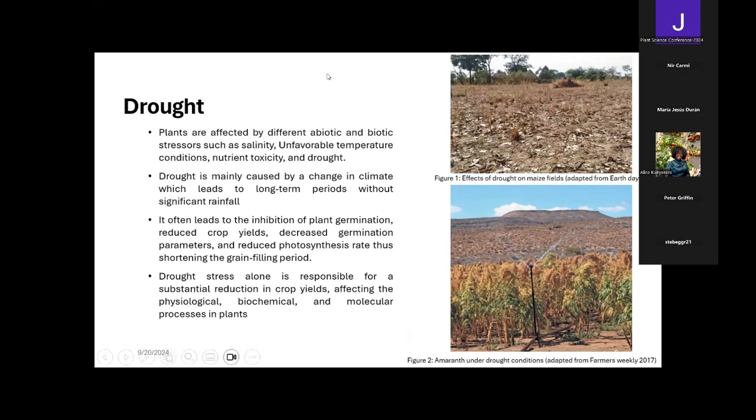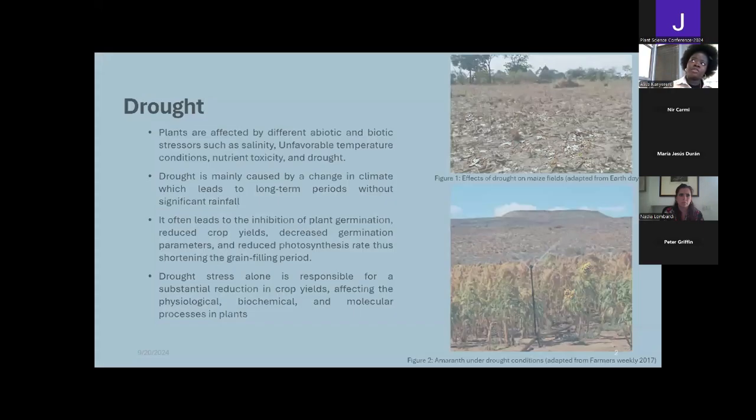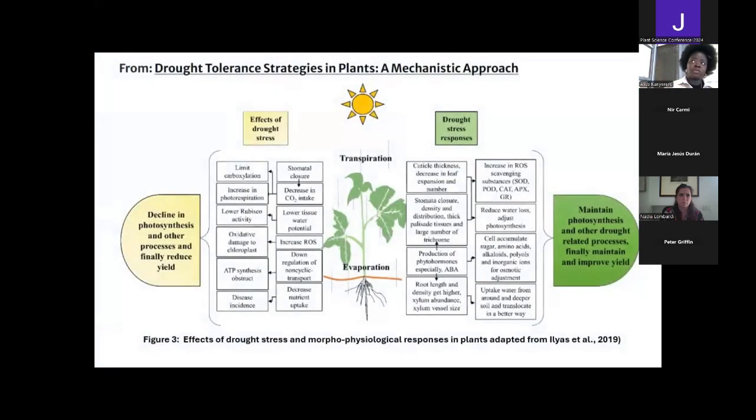So on the screen, I'm just showcasing the different effects that drought has on crops. The first image showcases the effect of drought stress on a maize field. The second image showcases the effect of drought stress on an amaranth field. And then on the next slide, I am showcasing the different types of effects of drought stress, grouped into two categories.